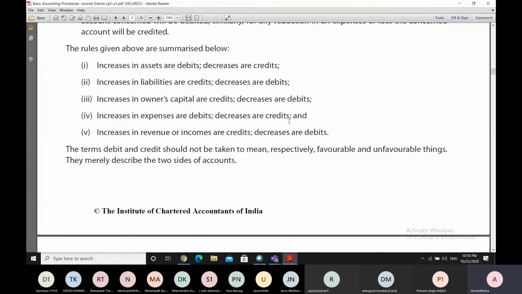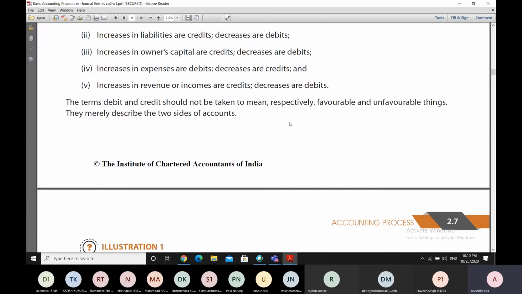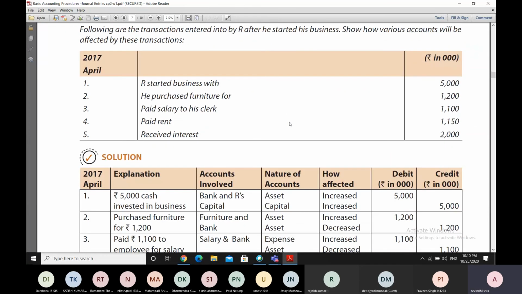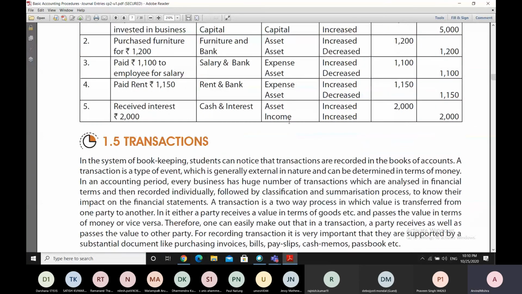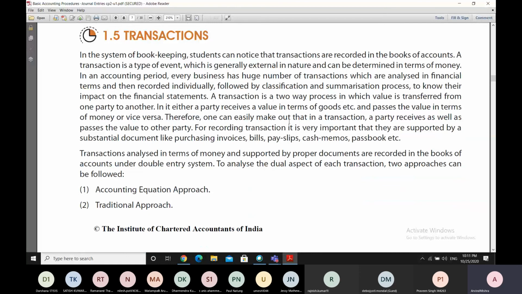Both accounts will be affected in such a manner that the accounting equation will be satisfied all the time. So from that angle, please try to read this, because this is the very basis of debit and credit entry in the transaction in the books of accounts. This is the very basis.